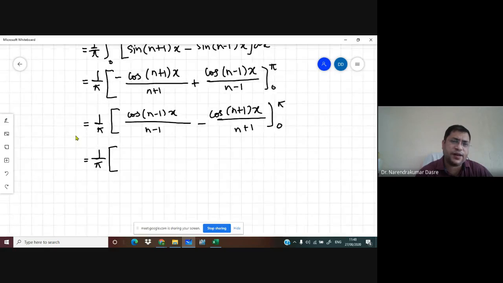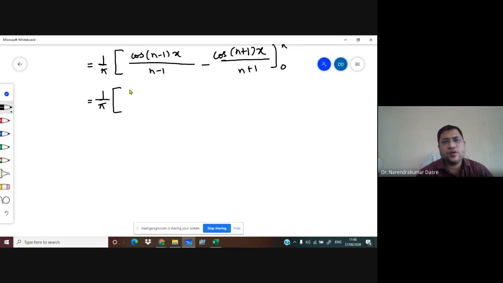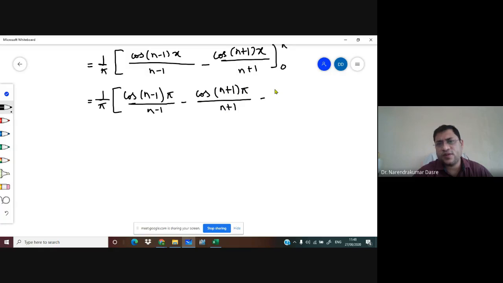Please be careful while applying the limits. So we have cos of n minus 1 pi upon n minus 1 minus cos of n plus 1 pi upon n plus 1 minus cos of 0 upon n minus 1 plus cos of 0 upon n plus 1.